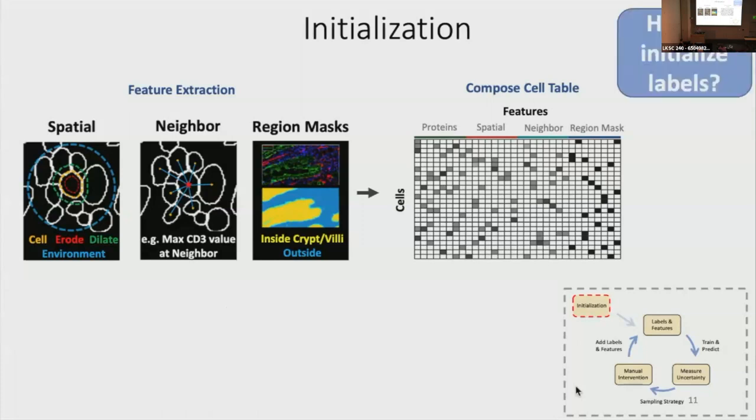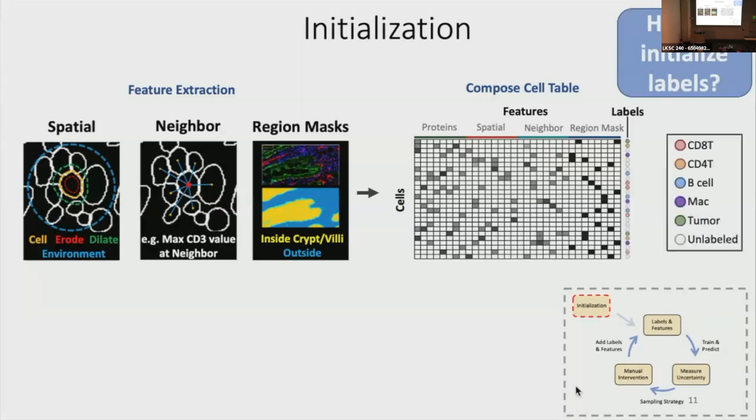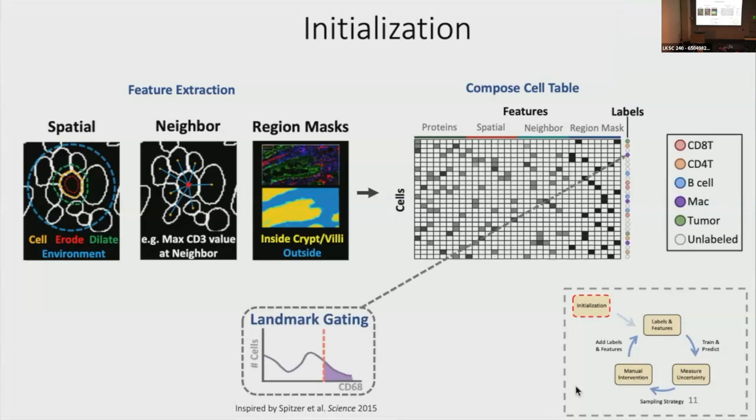That's the next question. So we were inspired by Spitzer 2015 Science paper to do landmarking, which is really just a simple high threshold where you're super positive, and this ends up being around 10% of the cells.